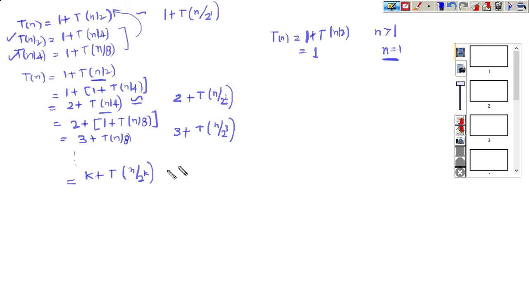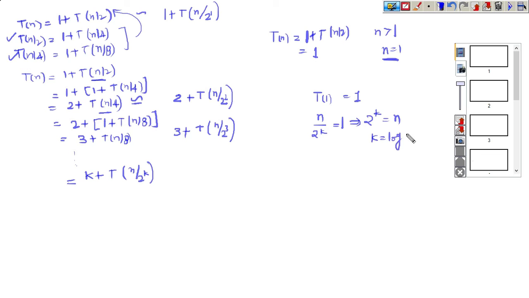Now, in order to stop, we need to look at the exit condition. It is going to stop when you reach T(1). T(1) is actually 1. That means in order to stop, we need to make this term equal to 1. So I am going to set n/2^k equals 1, which gives me 2^k equals n, or you can say k equals log n.